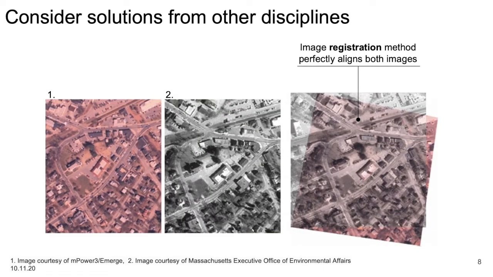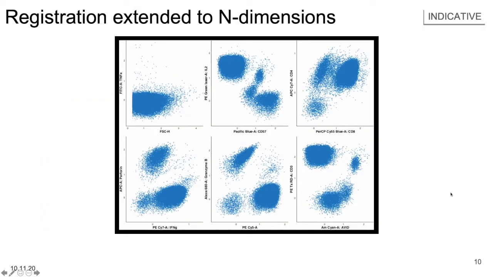One of the considerations was borrowing an idea from imaging science, where satellite images needed to be arranged in such a way that the locations could be consistent and identifiable across many different sets of similar images. When we extended this to more dimensions, we have a set of several bivariate plots.